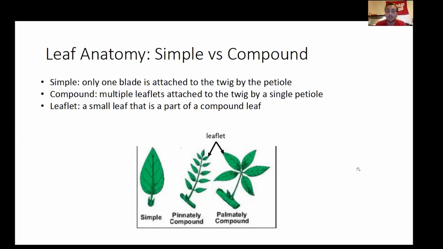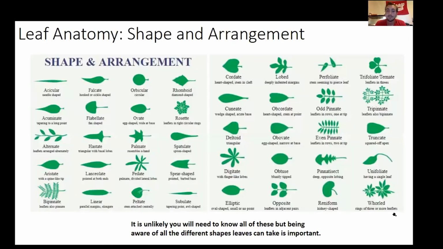And then we can have these different types of divided leaves, pinnately or palmately. And palmately, again, remember, it just refers to divided at a common point. So this is our common point, like the shape of a hand. So these would be like our fingers. So in our shape and arrangement, I want to highlight our palmate and lobed.